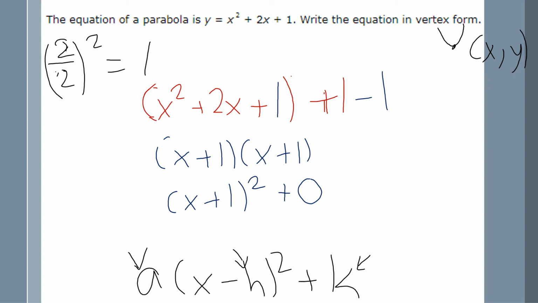Now, I'll show you another way of doing this. And it's going to be pretty much getting you straight to the point if you didn't want to do it like that. So let's erase.